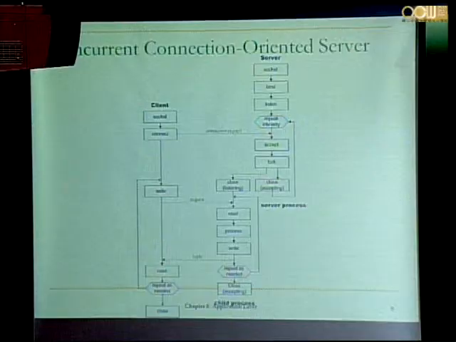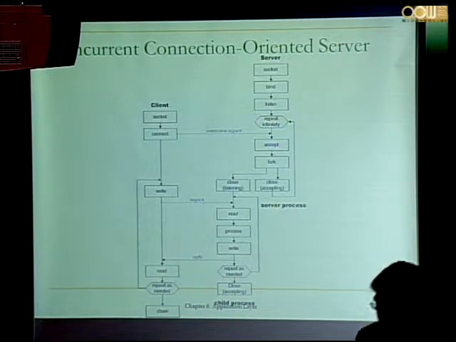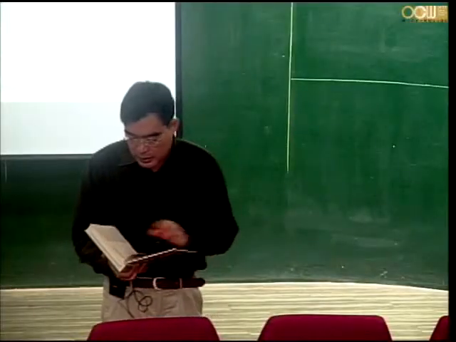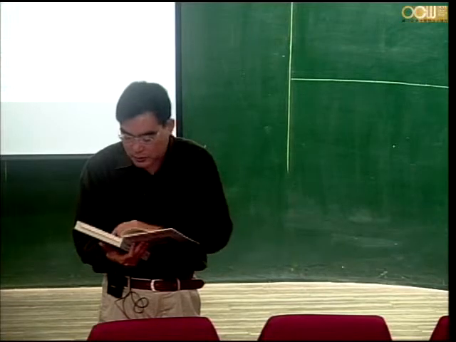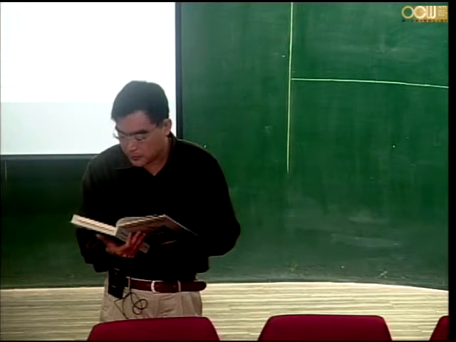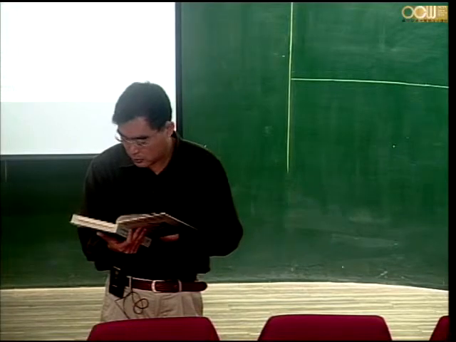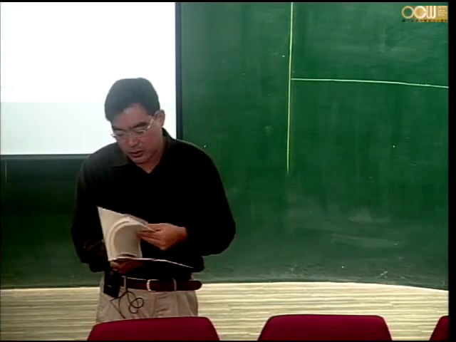And you will see some primitive model like this, where you fork on demand. And you will see some models that are strictly iterative, with no concurrency. I think this is an interesting discussion, and there's a sidebar in this chapter, but it's at the very end of this chapter.